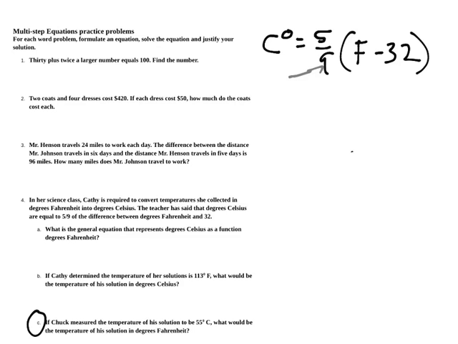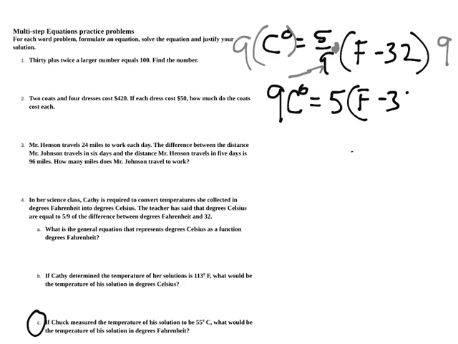If I multiply this whole thing by 9, I'm simply going to get rid of that denominator on the right side. So I'll have 9 degrees Celsius equals 5 times F minus 32.